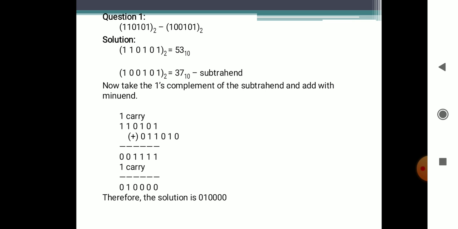As per the rules of performing binary subtraction with 1's complement, we have to add the 1 carryover to the least significant bit. Now adding the carryover 1 to the least significant bit, we get 1 plus 1 equal to 10, so we write 0 as the result and 1 carryover again. On the next place also 1 plus 1 carryover results in 10, 0 as the result and 1 carryover.